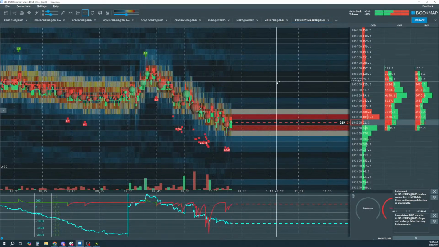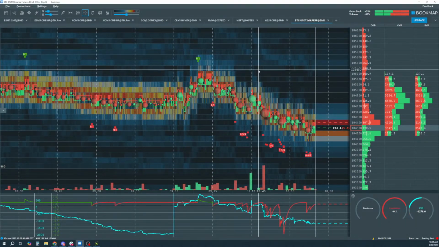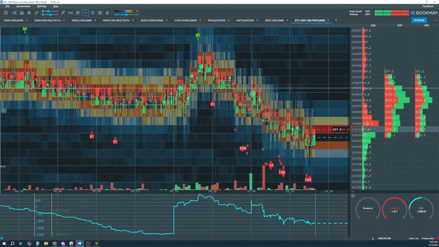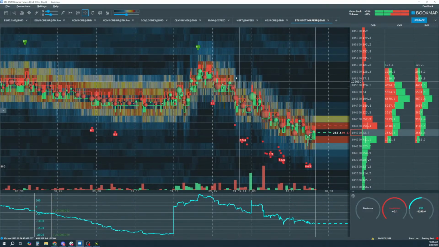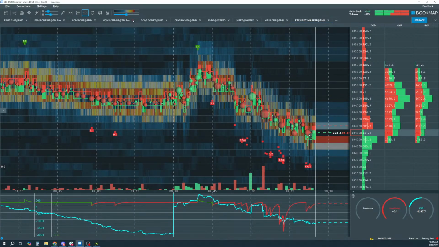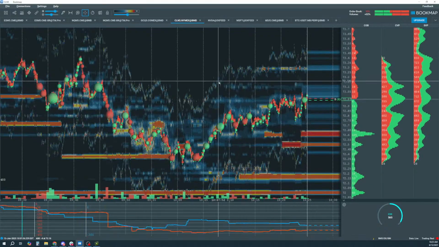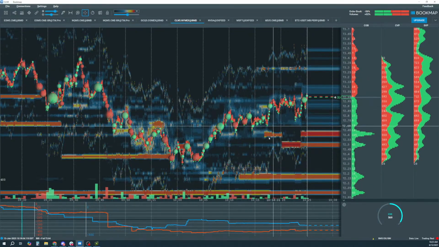Let's jump over to Bitcoin. Okay, and I'm not seeing too much right now in Bitcoin. And let's jump back to Crude. How's Crude doing here? Okay, so Crude is looking better now too.